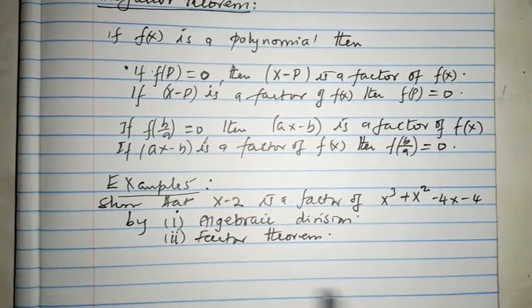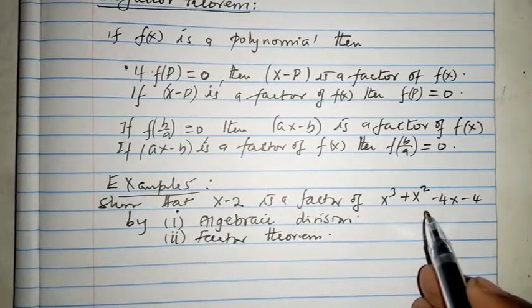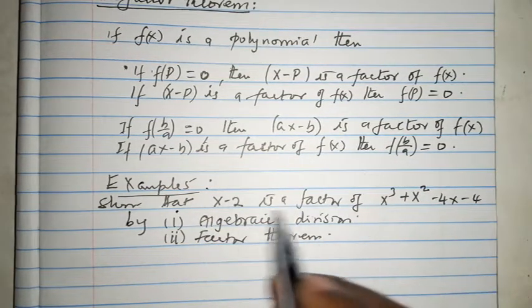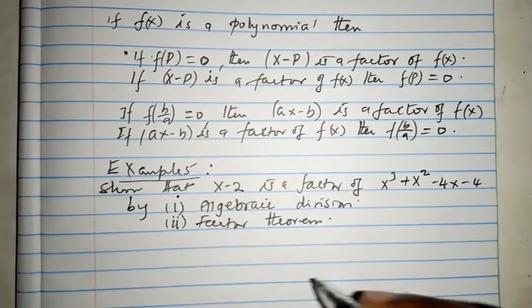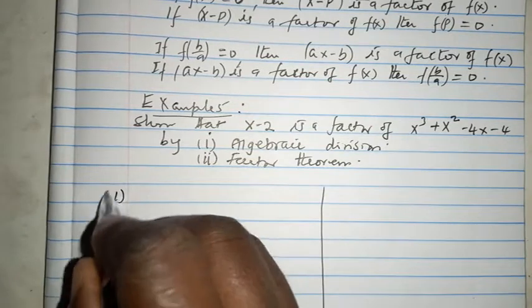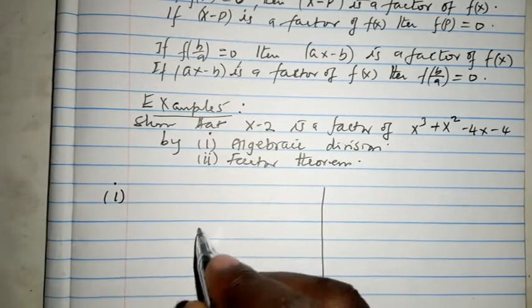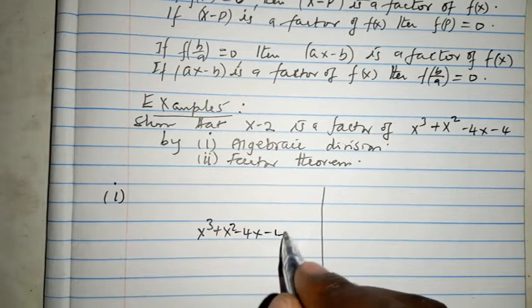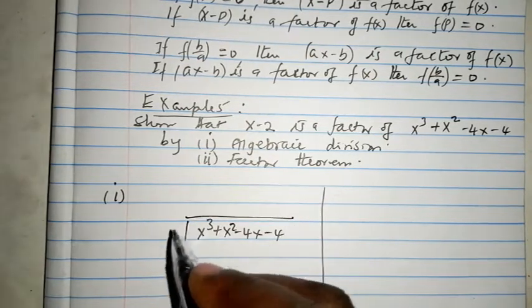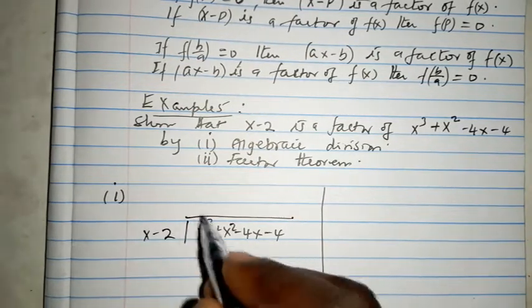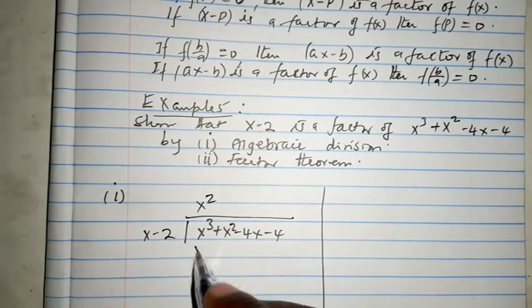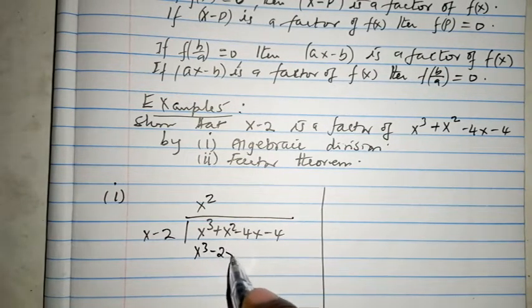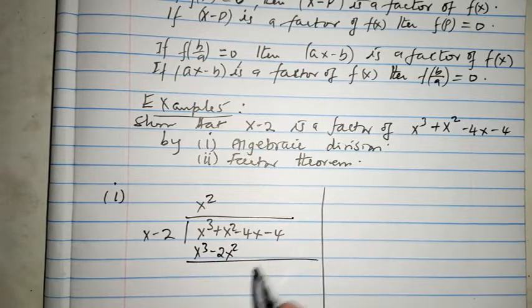We are told that if this is a factor of this, then even if we divide using the long method, the remainder will be 0. Let's start with step 1. x cubed plus x squared minus 4x minus 4 divided by x minus 2. This is x squared; multiply out, x cubed minus 2x squared. You subtract this, you get 3x squared.